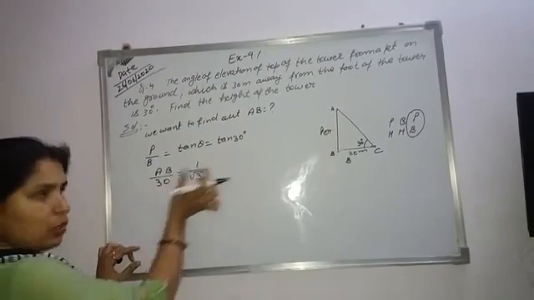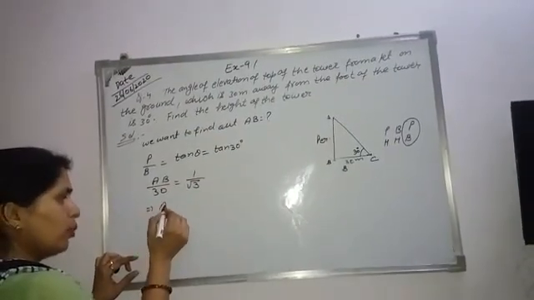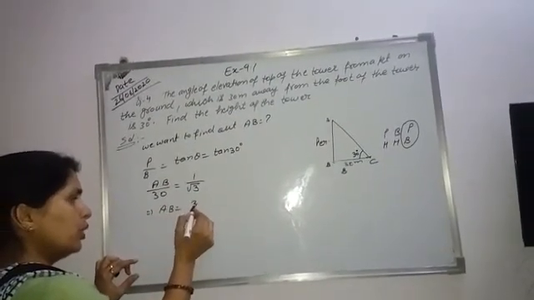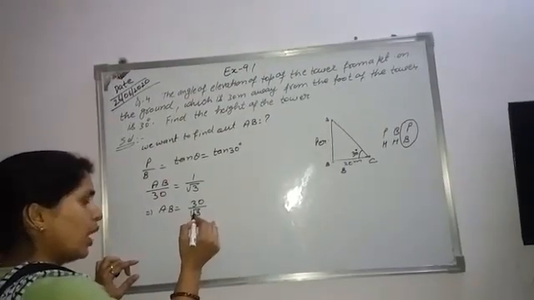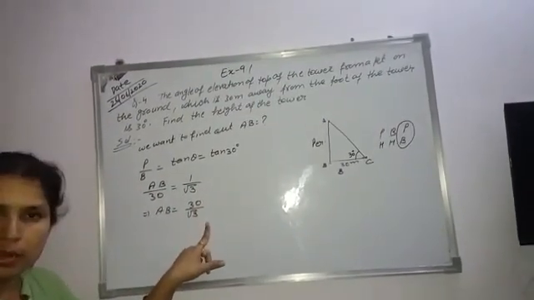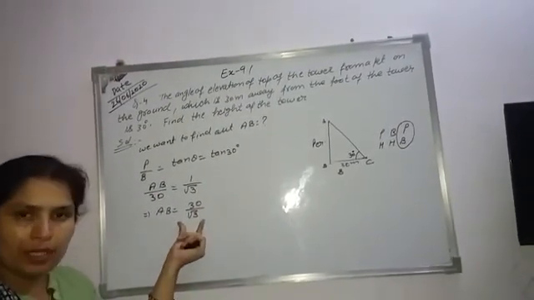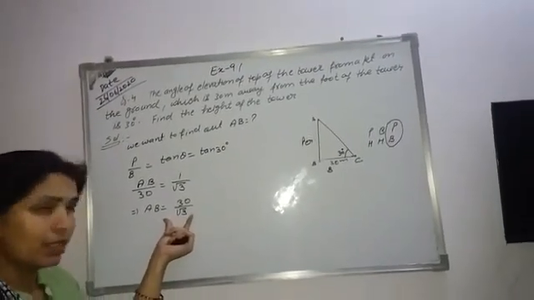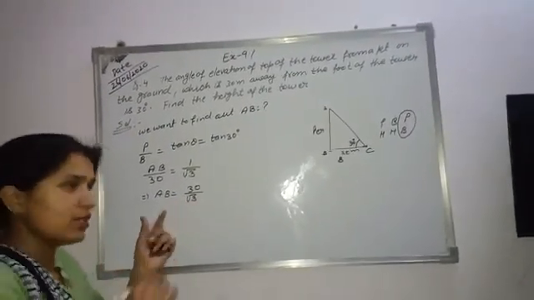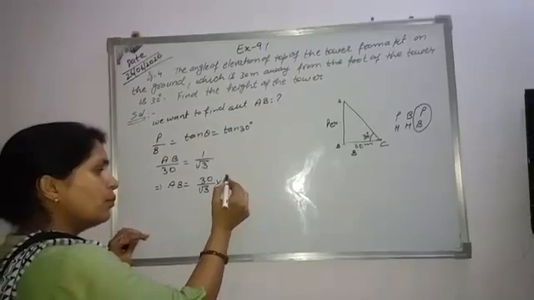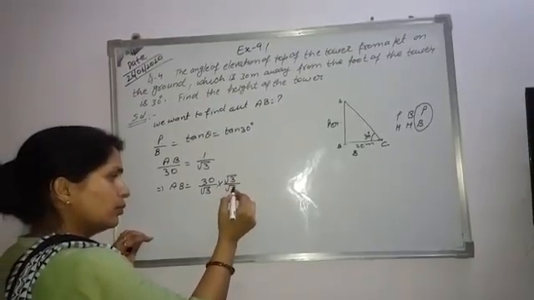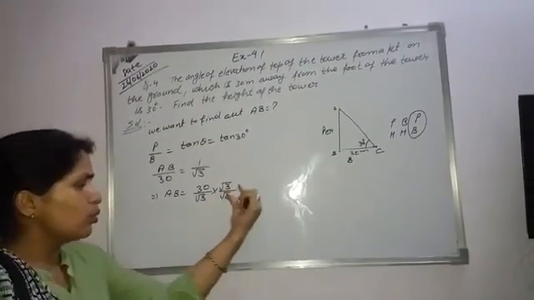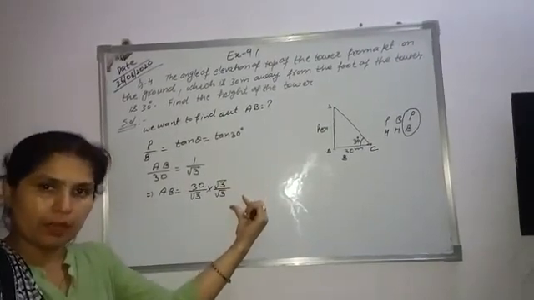When we take 30 to the right hand side, we obtain AB is equal to 30 divided by root 3. Again we want to simplify this term, because the denominator has a square root, and we always simplify this. So we multiply and divide by root 3.